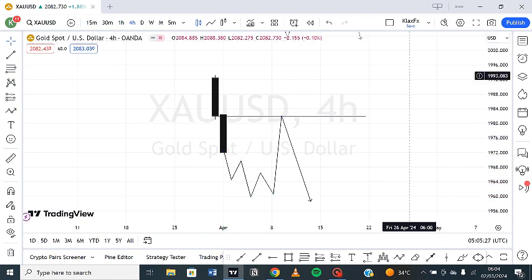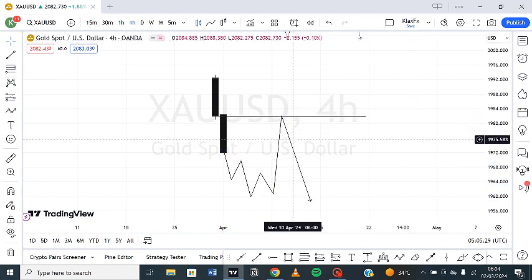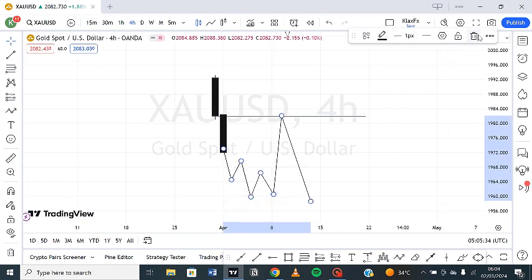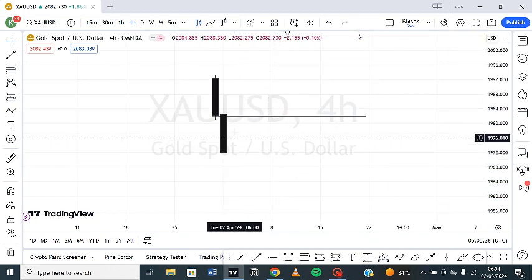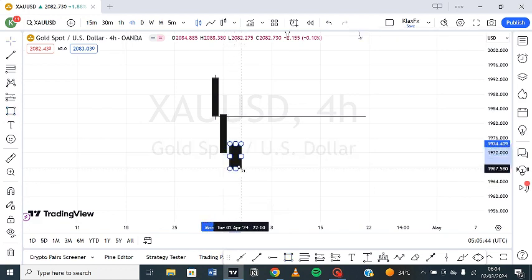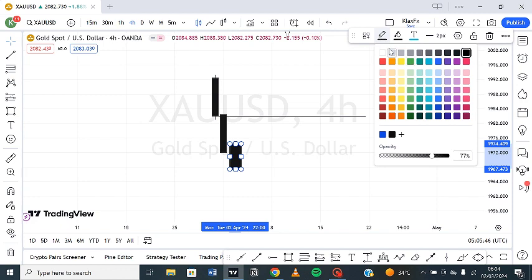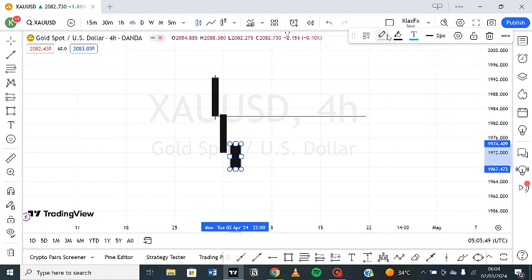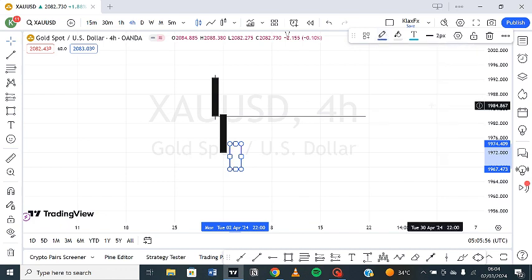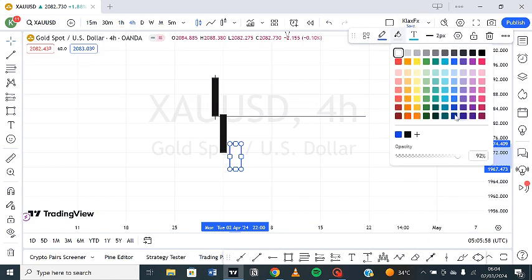Let me just use the same candle. Now for a bullish scenario, we have something like this, and let's say we have another candle here coming down like this. Let me use a blue candle going up.